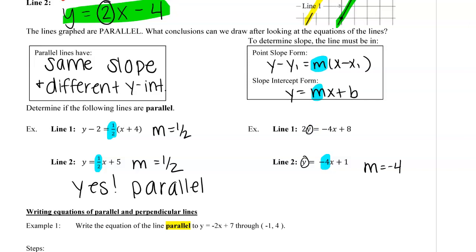Since 2 and y are attached by multiplication, I would divide the 2 to everything on the other side. And my equation now is -2x plus 4. Since this slope is -4 and this slope is -2, these lines are not parallel.